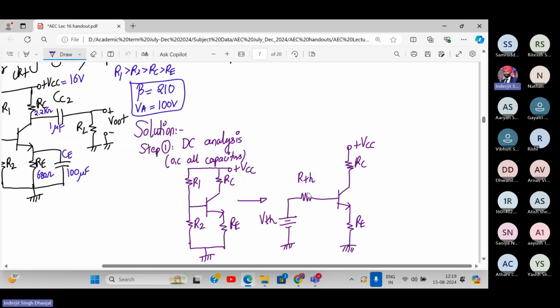Here we mark the terminals, or we can write over here VB. This will be plus minus. VCE is not necessary right now.